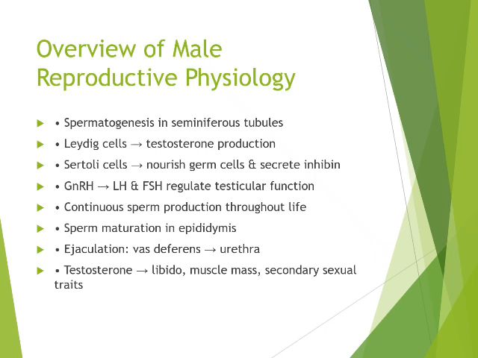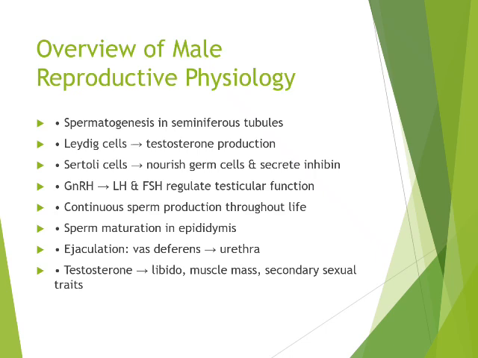An overview of male reproductive physiology will be in the course, and all of these are new words which should be in our language. Spermatogenesis in seminiferous tubules, Leydig cells which produce testosterone, Sertoli cells which give nourishment to the germ cells.